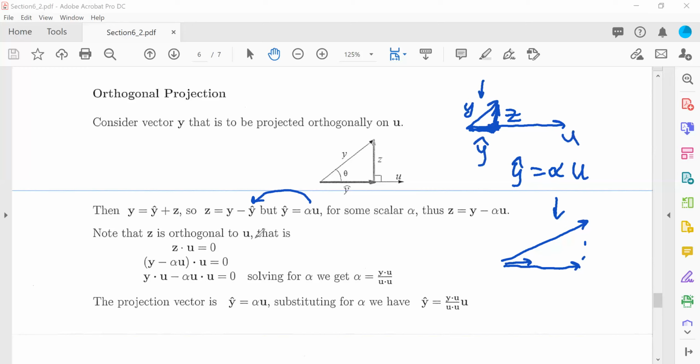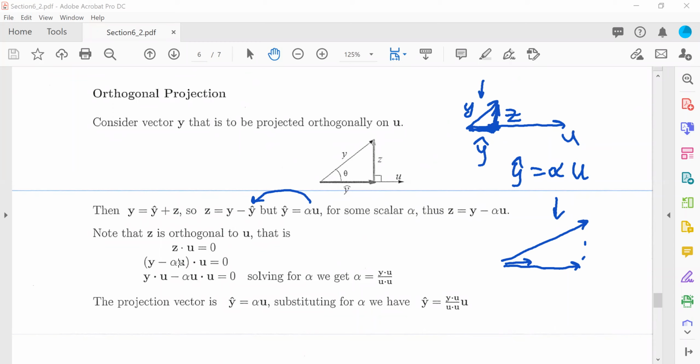Now note that u and z are perpendicular because z was chosen that way. z is perpendicular to y hat and perpendicular to u. What does that mean? That the dot product of z times u is equal to 0.